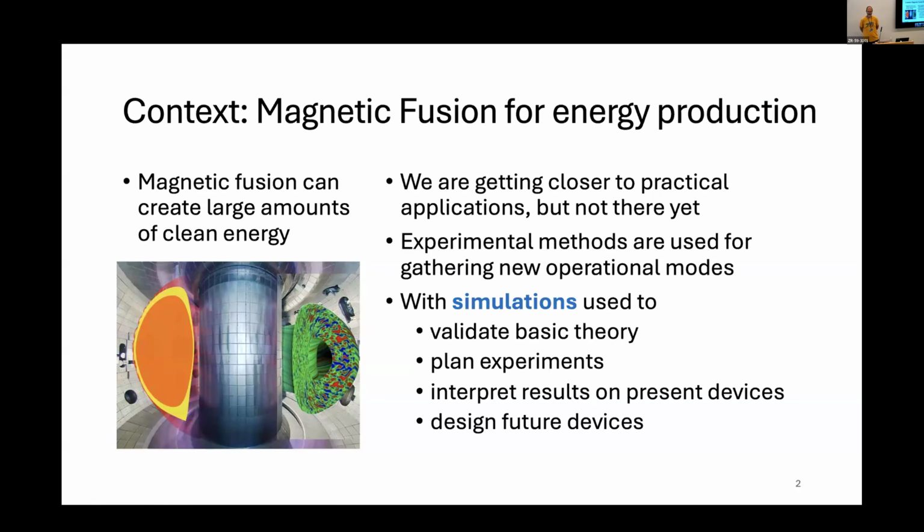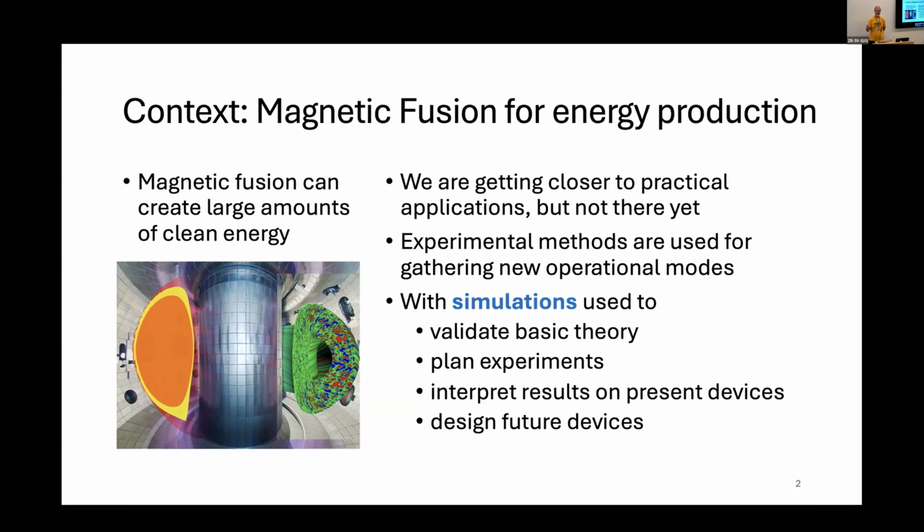So we had a talk about magnetic fusion before during the remote presentation, so it's a little bit on the same theme. Magnetic fusion has the promise of creating large amounts of clean energy, so it's very promising. We are getting close to practical applications, but we are not there yet. And similar to the QCT talk, we have experiments, but we also have theory.